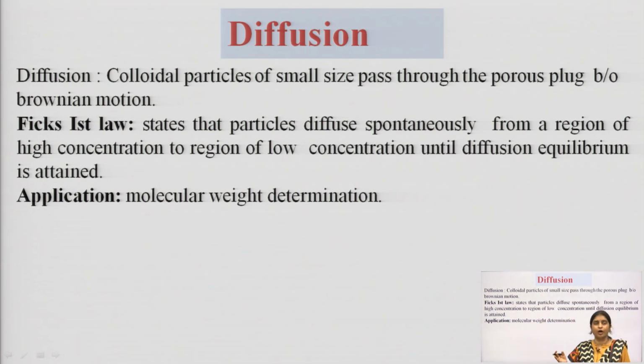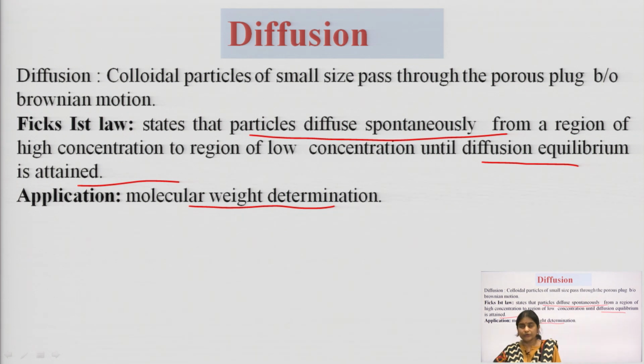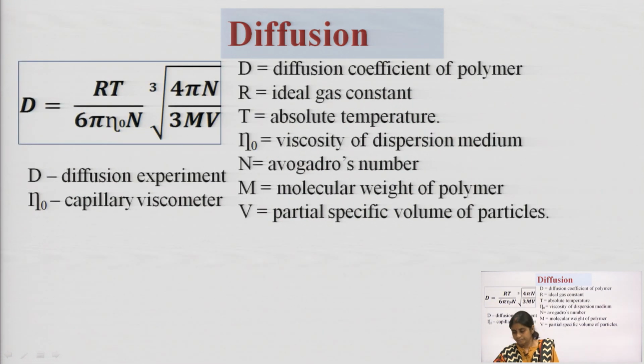Fick's first law states that the particles diffuse spontaneously from a high concentration region to a low concentration region. And how long does this diffusion take place? Until diffusion equilibrium is attained. The application is that the molecular weight is determined. We can use this diffusion to find out the molecular weight.